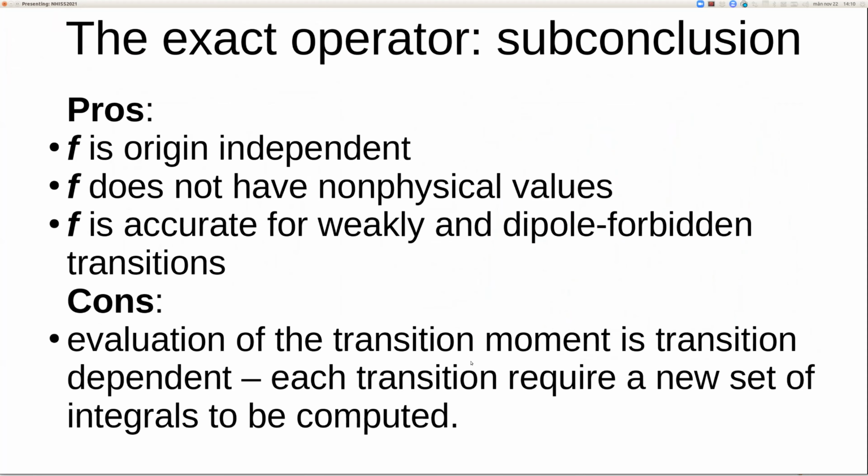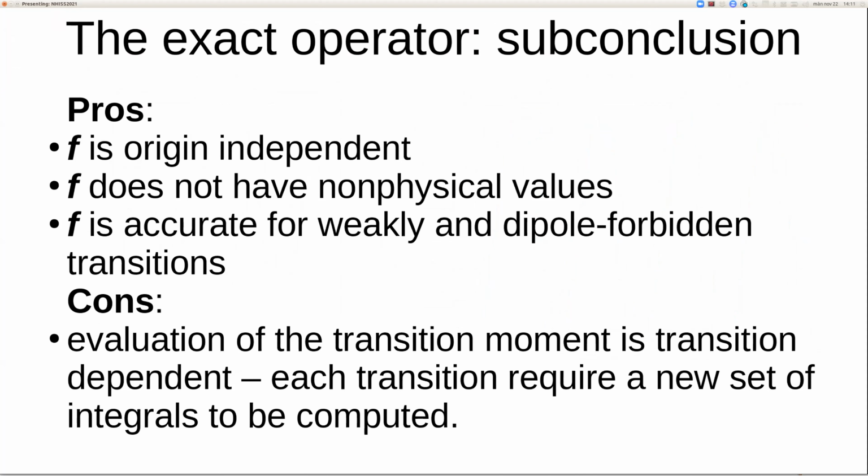So let me just briefly summarize what we found out using the exact operator. We now have an oscillator strength that is origin independent. We are assured that we're never going to have any non-physical values. And also we have an oscillator strength that is accurate for weakly or dipole forbidden transitions.